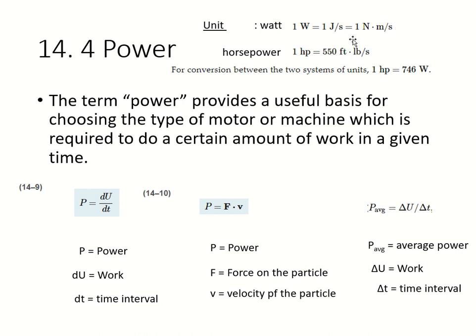Joule is your Newton times meter for work, because work can also be defined as force times your displacement. So this is your force and displacement divided by your time, and that's your second.